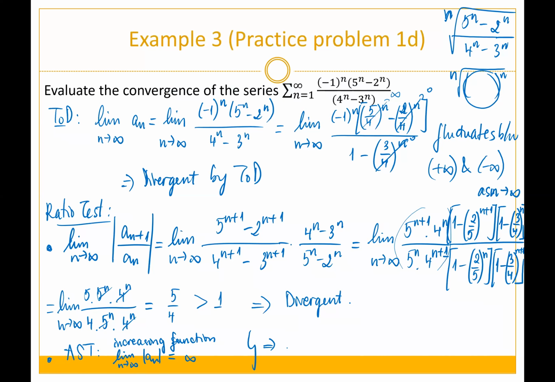So this is also divergent by the alternating series test. So our final conclusion is that it is completely divergent.